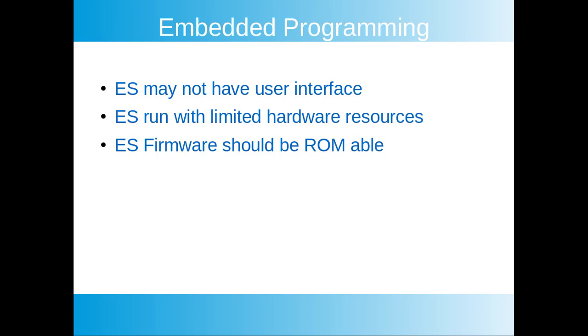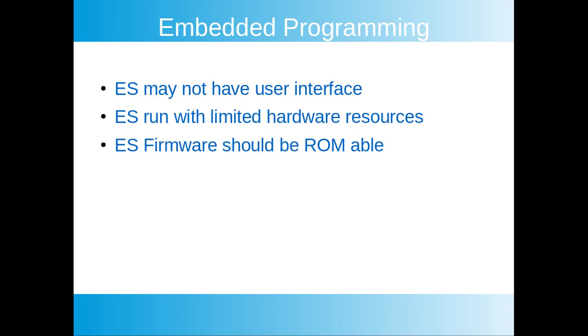And the third characteristic of an embedded system is that the executable code we create should be burnable to the ROM. We know that the ROM size of an embedded system may be in the range of a few kilobytes.